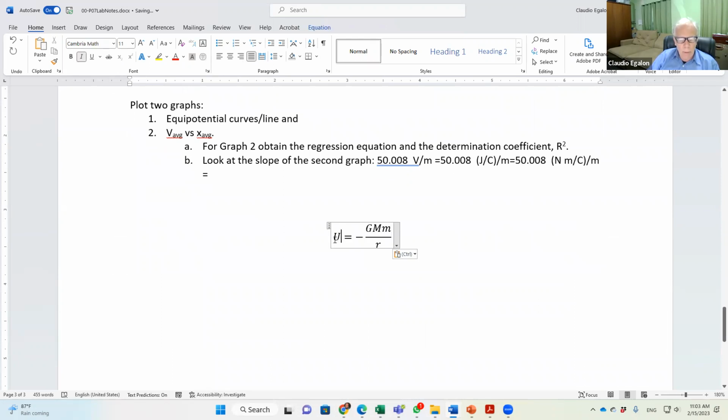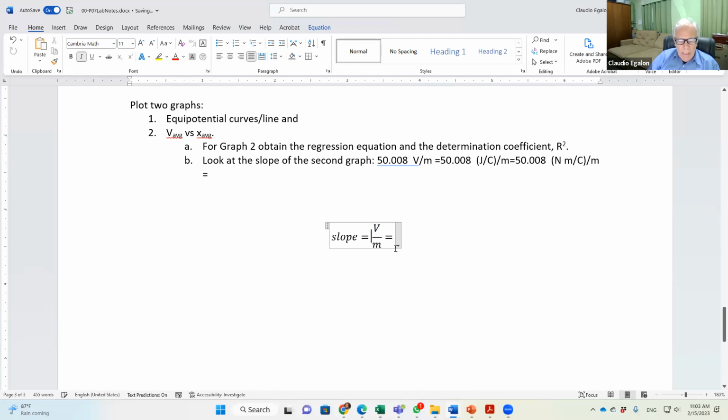The slope is equal to 50.008 volts per meter.